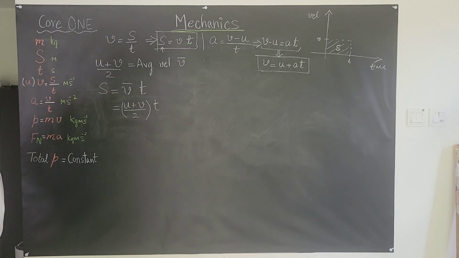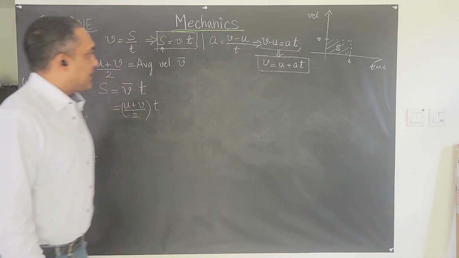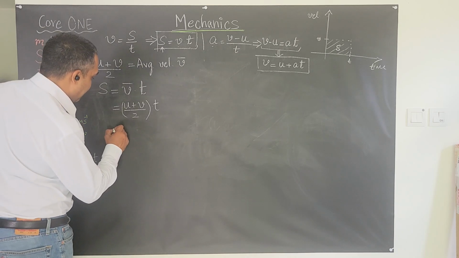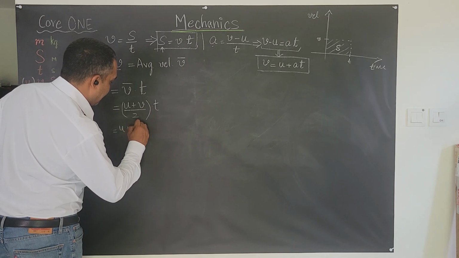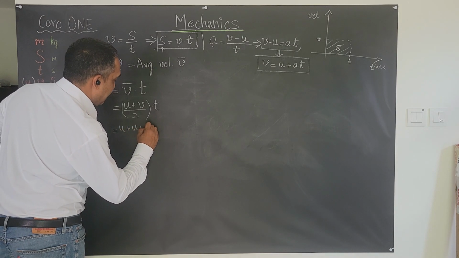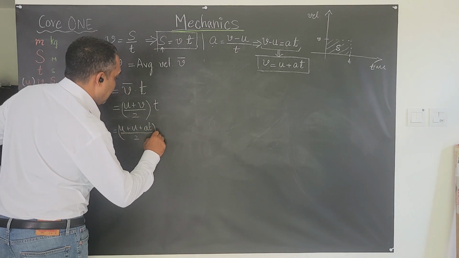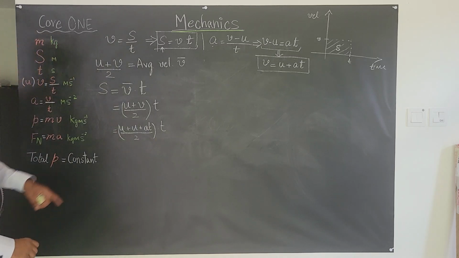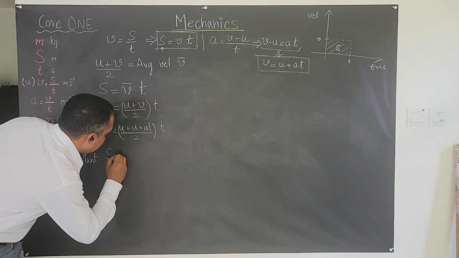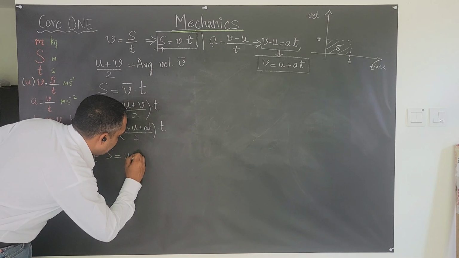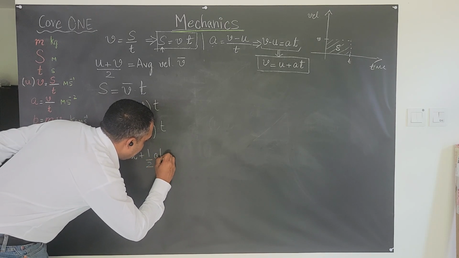Okay, still good. Final velocity is nothing but initial velocity plus acceleration times time. So if I substitute that, I'm going to get u plus a t by 2 times t. I think you've guessed the math. You will arrive at s is equal to u t plus half a t squared.